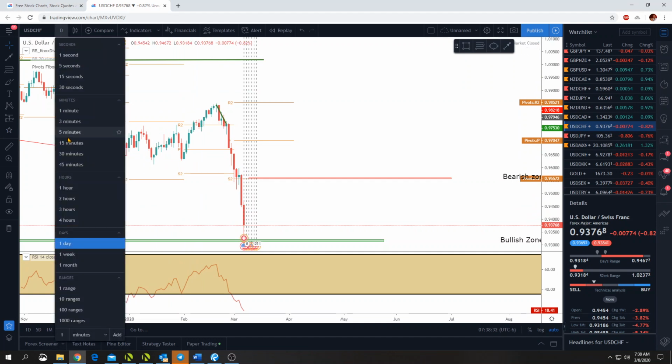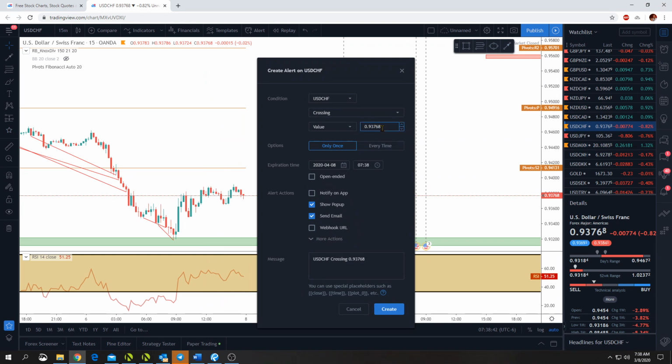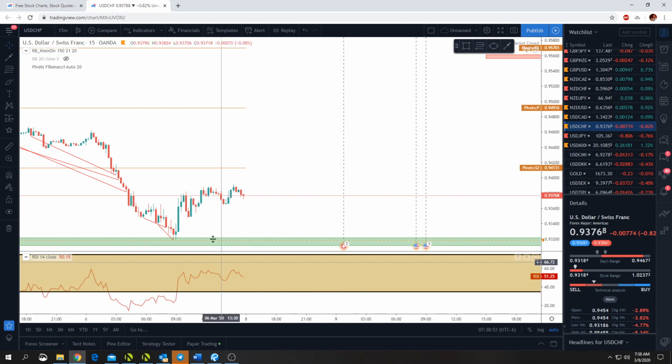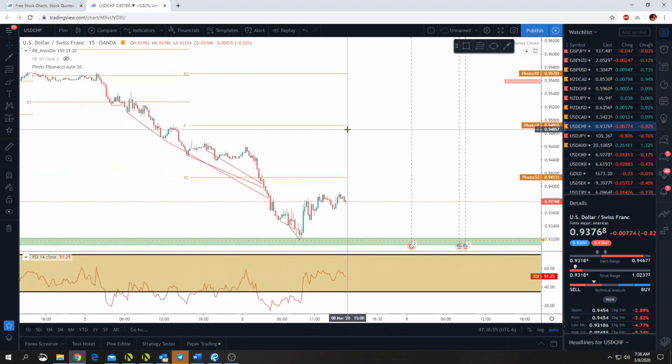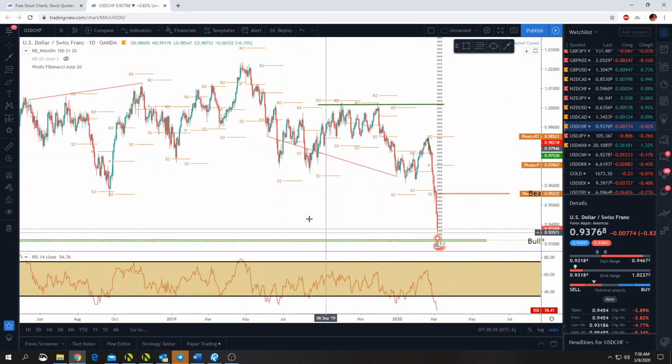If we jump down to a smaller time frame, get a little bit of a pullback, we might get a double bottom here. So that's why we want to look long at 93,185. But we also don't want to get stuck in a breakout of that level. So you just got to be confident in your system here.